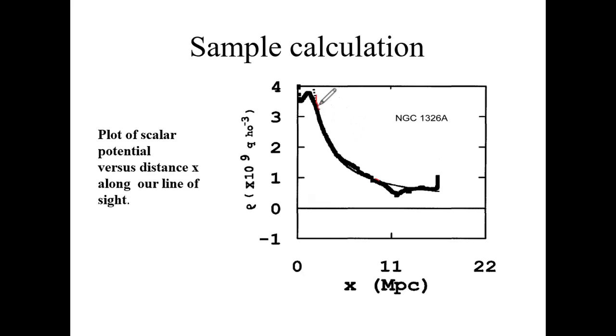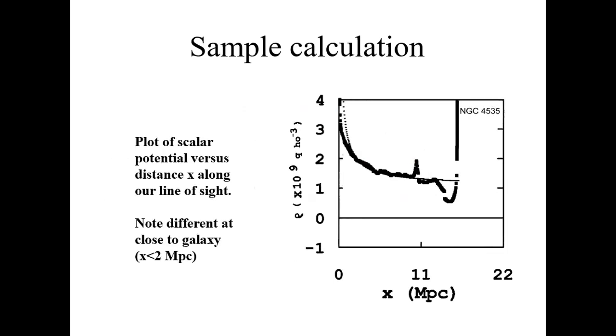This line going here is a 1 over r line, and that's what gives you the Hubble relationship. But you'll notice that there are deviations here and here and a little bit here in the straight Hubble relation for this particular galaxy.